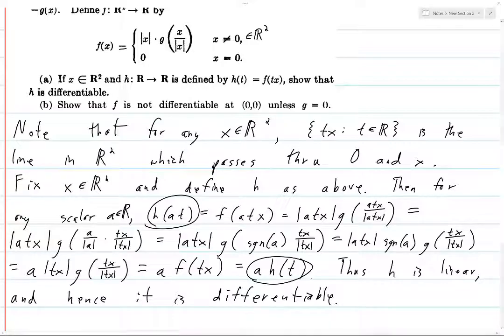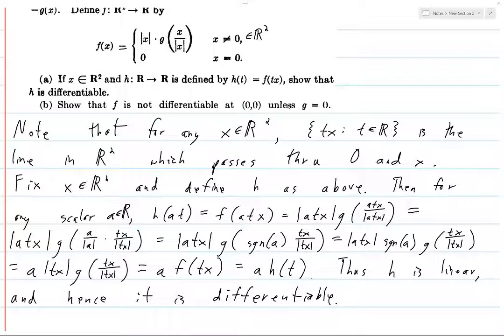So I worked forwards from h of at and backwards from a h of t, and that's how I came up with this string of equations. So that's how you would actually figure this out. But if you're writing it up as a proof, it looks very nice if you can just have a string of equalities that goes from one thing to the thing you want it to be.